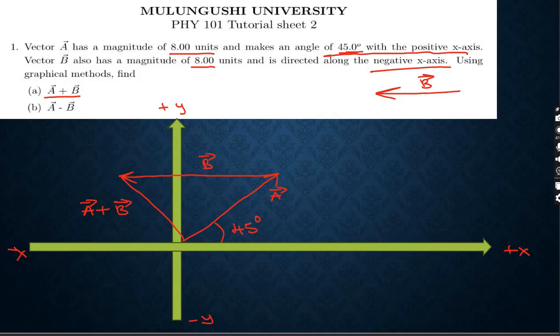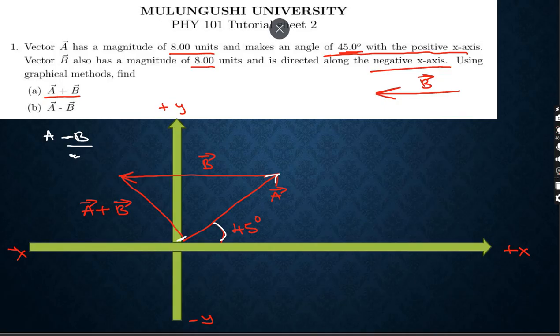As usual, A minus B is not affecting A because A is still positive. What is being affected is B. Our vector A will still be the same, from this point all the way to this point at 45 degrees. But B is now negative, so it is going to change direction. Instead of moving in the negative x direction, it is going to move in the positive x direction, because of this negative here.